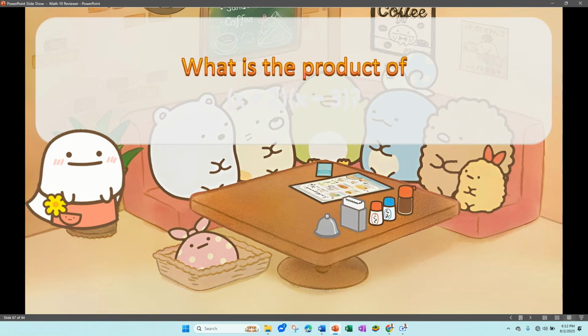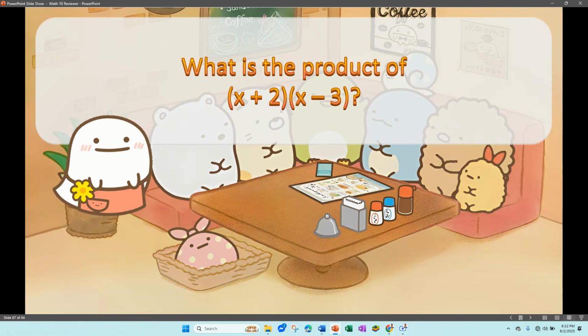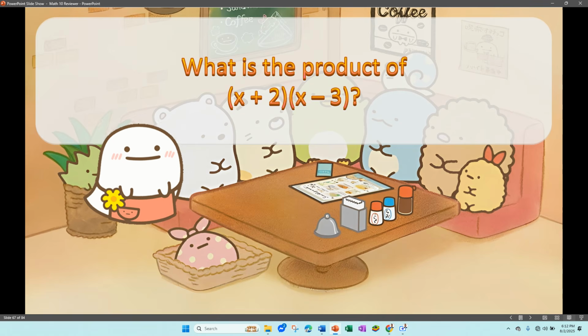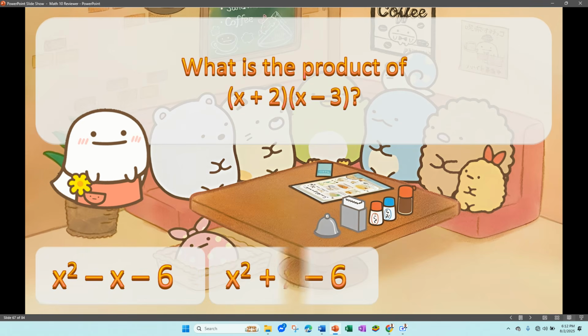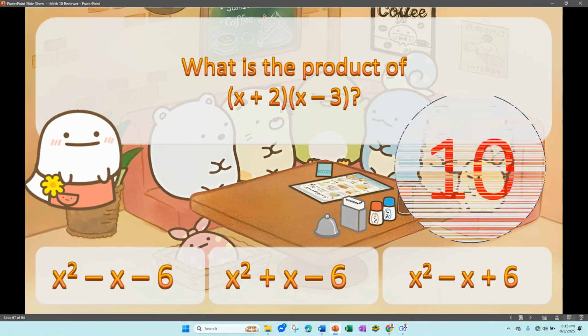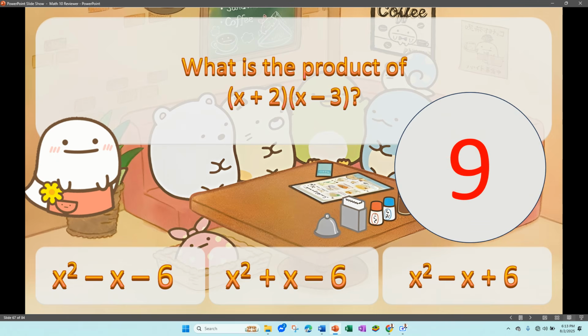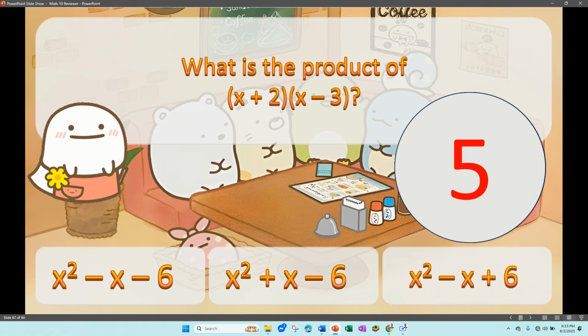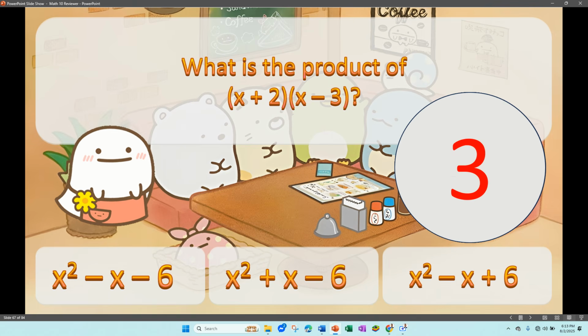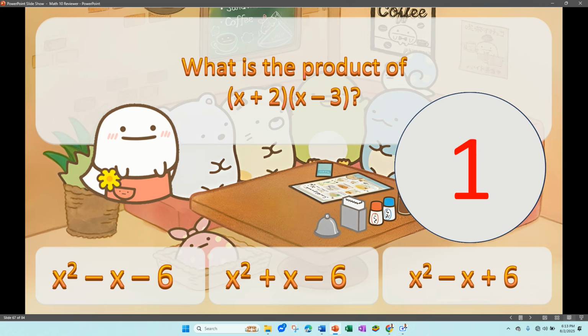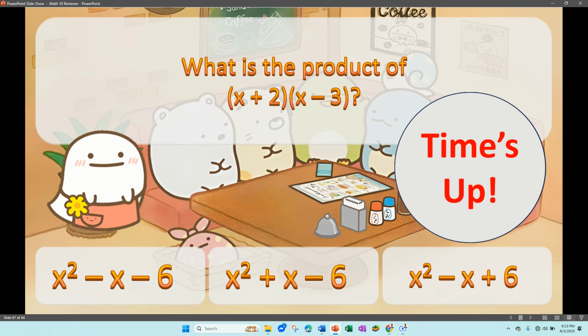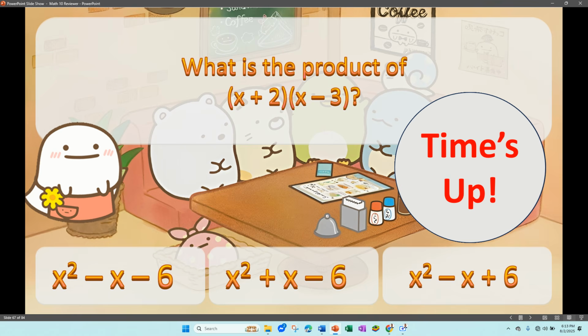What is the product of x plus 2 times the quantity of x minus 3? 10 seconds, go. Okay, time is up. So, pagdating naman sa product, meron po tayong different ways.